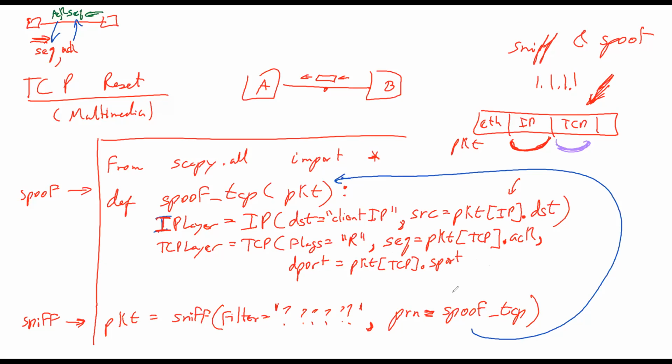From the sniffed packet, we have to flip them. And finally, if we want the source port of the new packet, we're going to do PKT TCP dot destination port, and that's it.